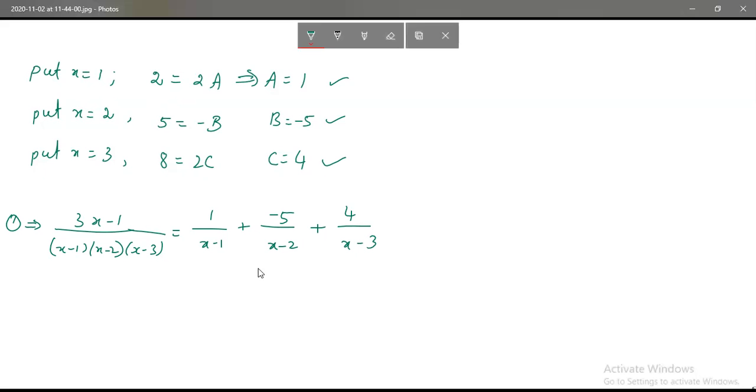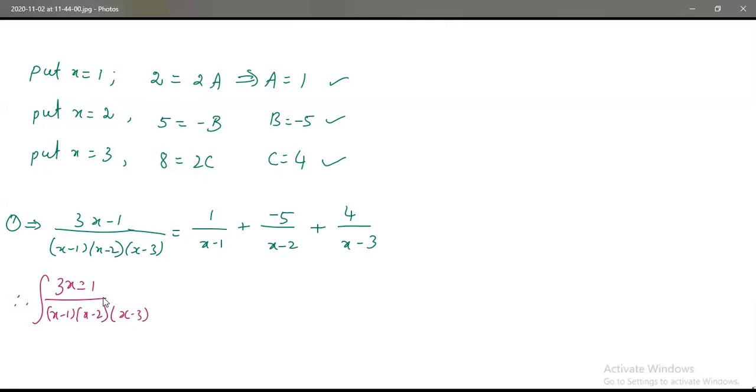Now all you have to do is just find the integration, and integration becomes very simple this way. Therefore integration of 3x minus 1 by x minus 1 into x minus 2 into x minus 3 into dx is equal to integration of this whole thing.